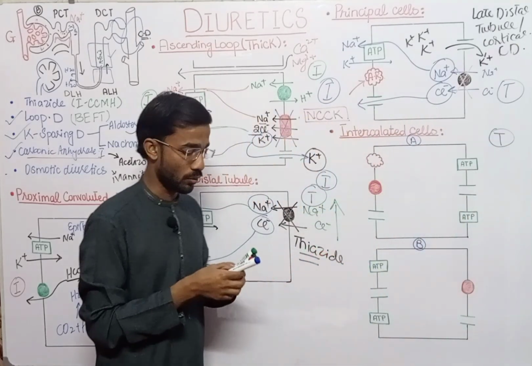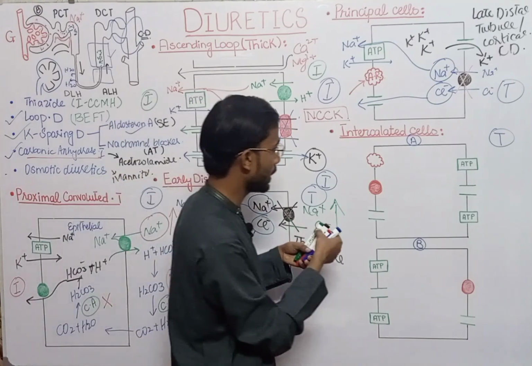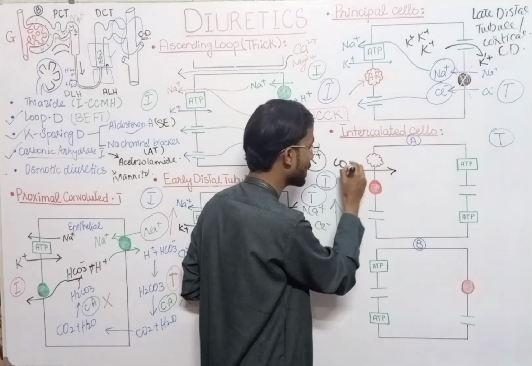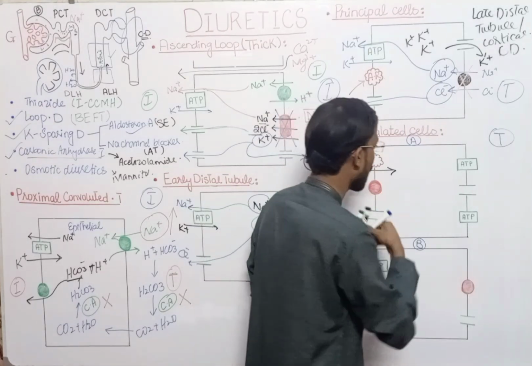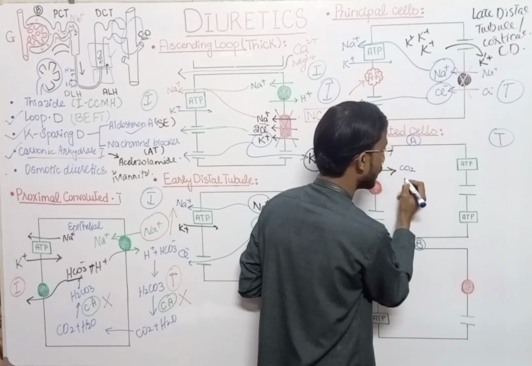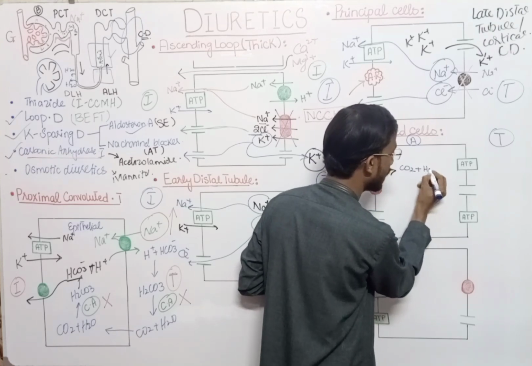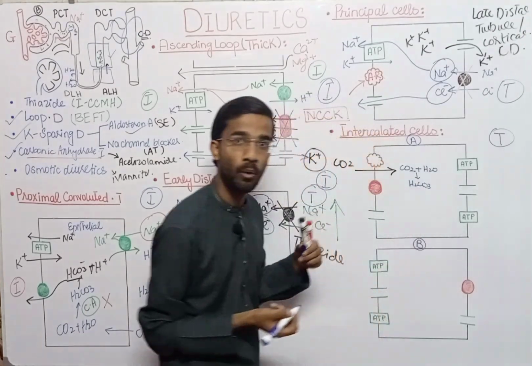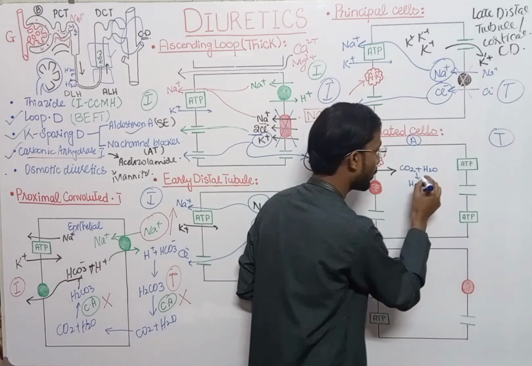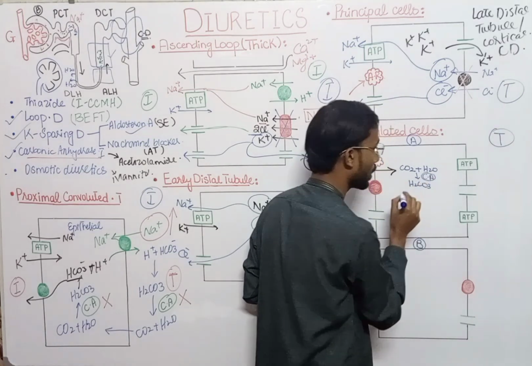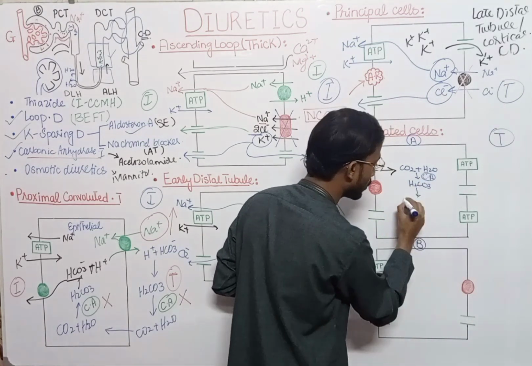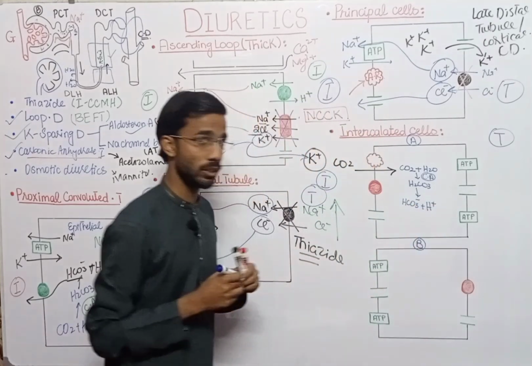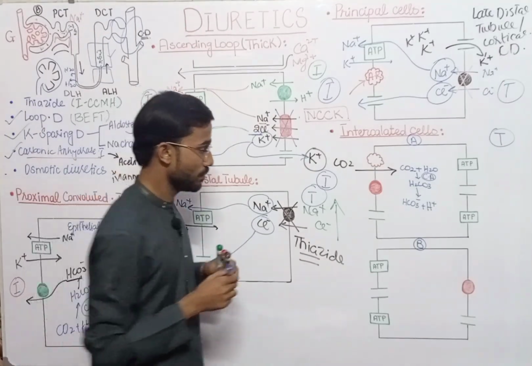First, carbon dioxide from the interstitial space moves inside the epithelial cell and combines with water, resulting in the formation of H2CO3, carbonic acid, with the help of the carbonic anhydrase enzyme. This again converts into HCO3 negative and H positive, two ions, spontaneously.